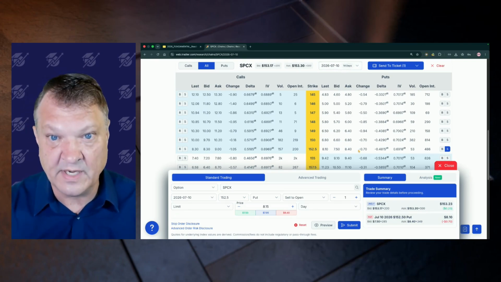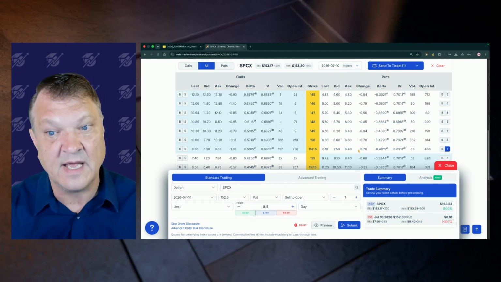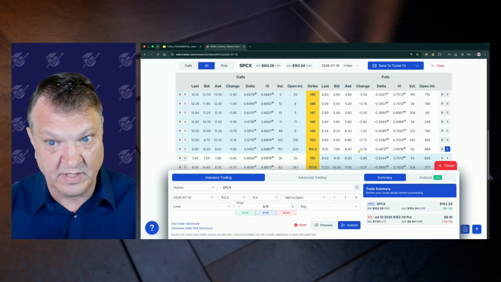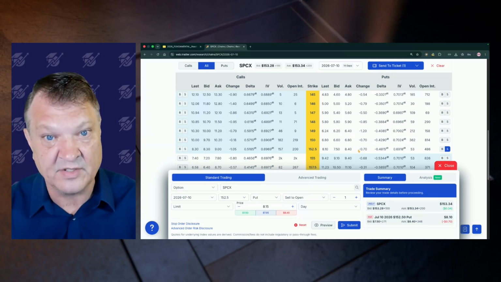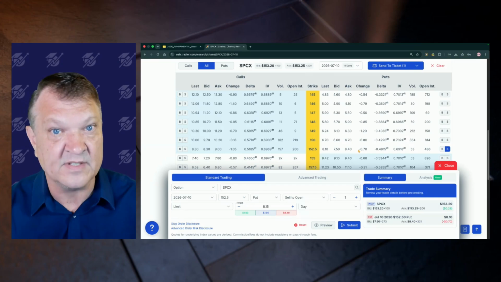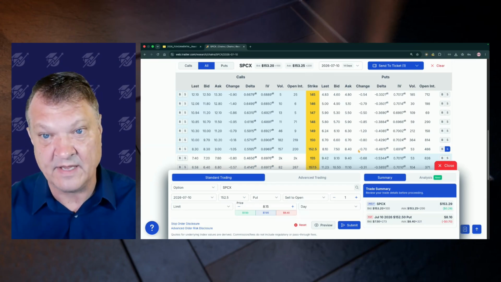And all I'm saying is that I'm willing to buy the stock at $152.50. To show you that I'm willing to buy it, I'm going to put the cash in the account and have the cash available to buy it if the stock is put to me at that strike price.